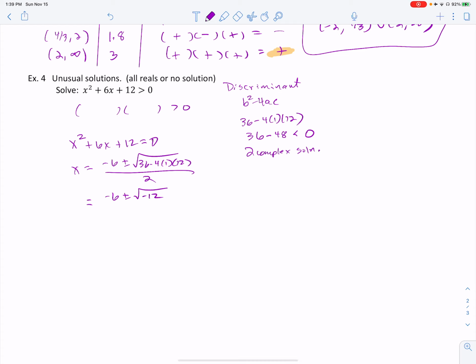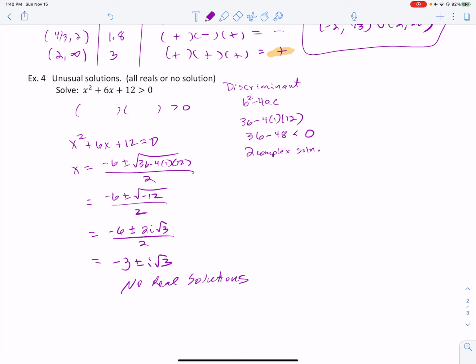I have a -6 plus or minus that square root of 36 minus 48 is a -12, which is 4 times 3, which is 2 root 3, but it's imaginary, so 2i root 3 all over 2. They both divide by 2, so I have two imaginary. There are no real solutions. So you need to have work to verify how you know that there are no real solutions.